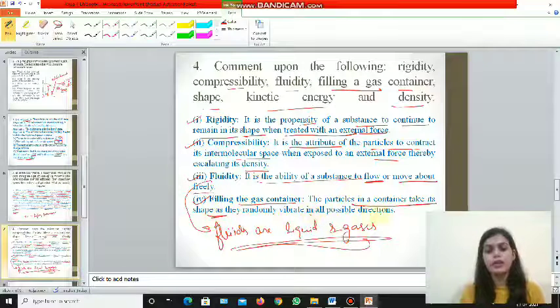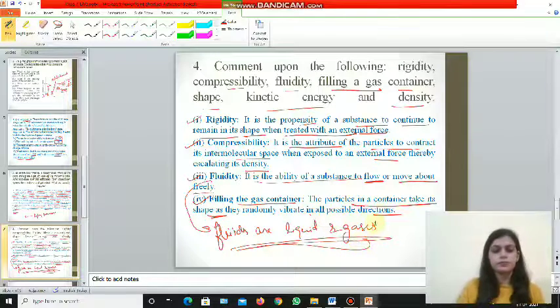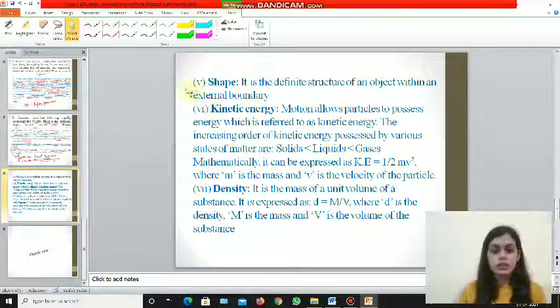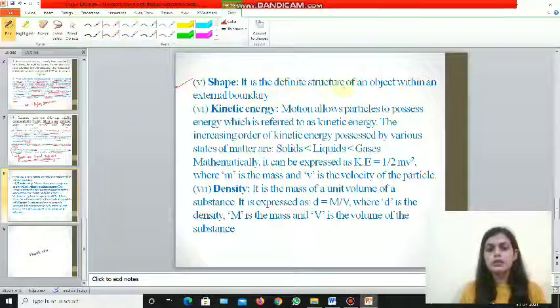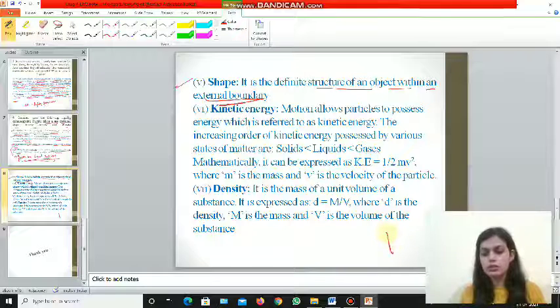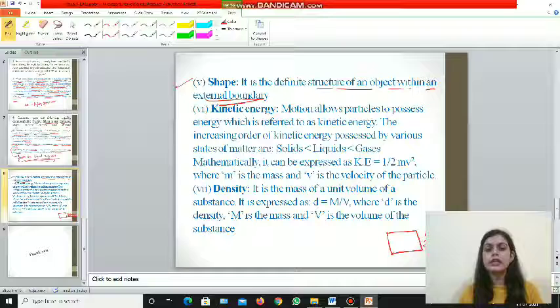They randomly vibrate in all directions. Shape: the definition of shape is the definite structure of an object within an external boundary. We can say that this is the boundary of a square, so this is a particular shape.